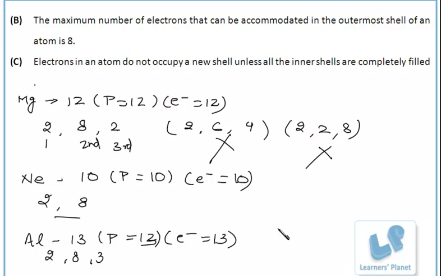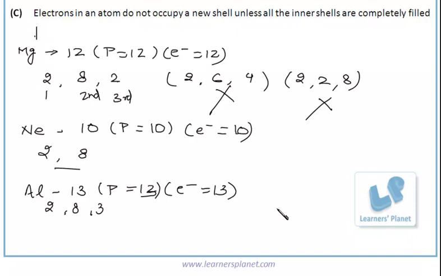Okay, we can also write the configuration of argon. Say argon, the atomic number is 18. Atomic number 18 means the number of protons is 18, and so the number of electrons is also 18.